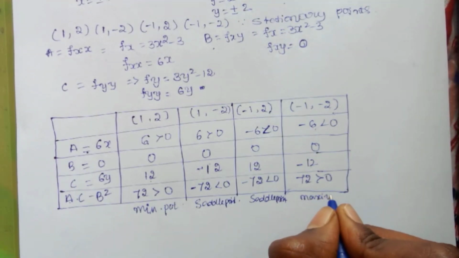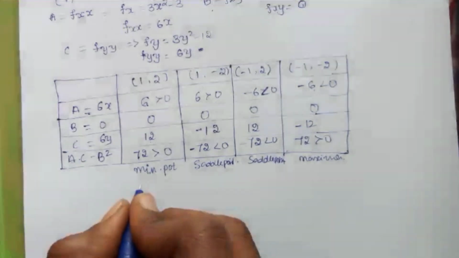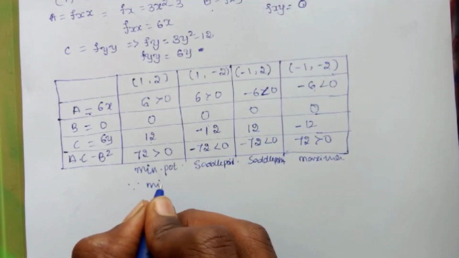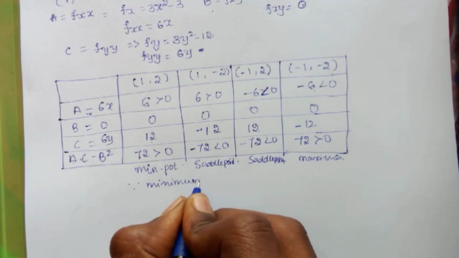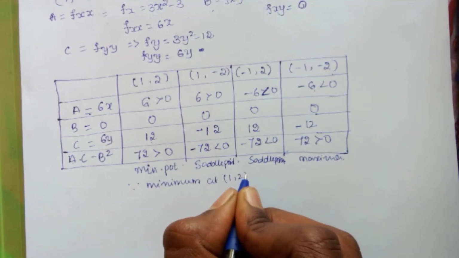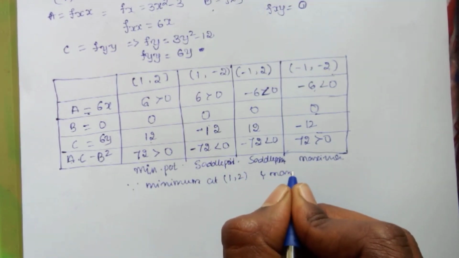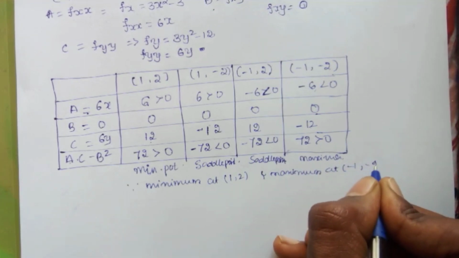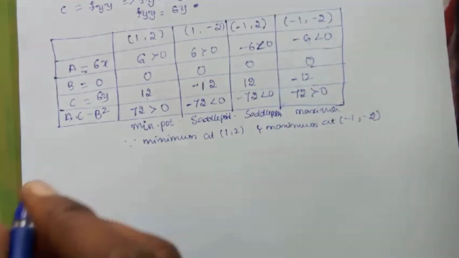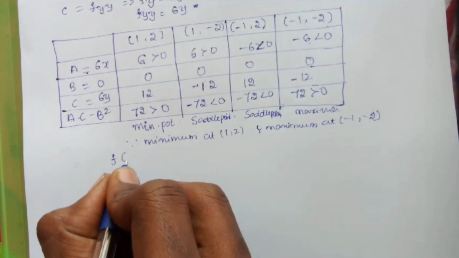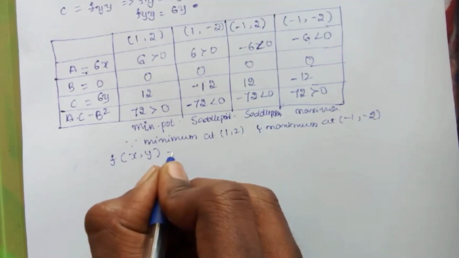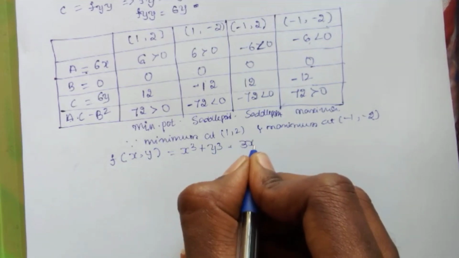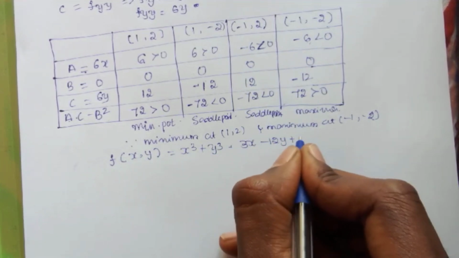In this case, a is less than 0 and ac minus b square is greater than 0, so it is called a maximum point. Therefore we get a minimum at (1, 2) and a maximum at (minus 1, minus 2). Apply both in the given equation, f of x, y is equal to x cube plus y cube minus 3x minus 12y plus 20.